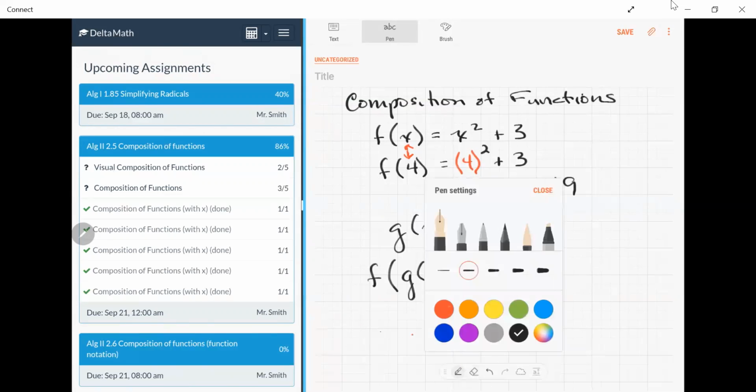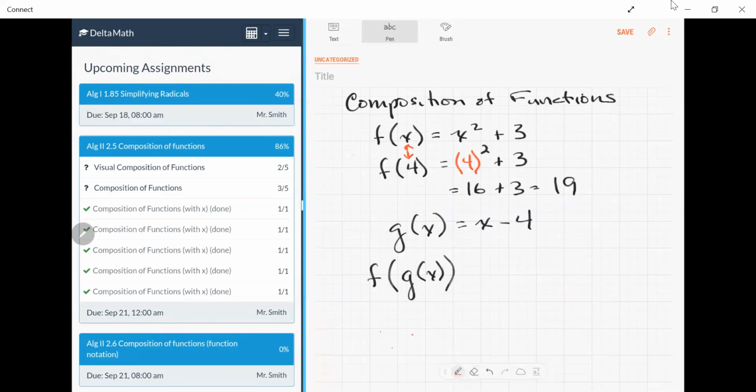The same idea that we had up here, where I'm replacing x with 4, applies: I'm substituting. Wherever there's an x, I'm going to put a 4. So what does that mean here?